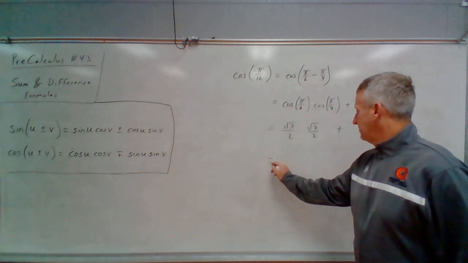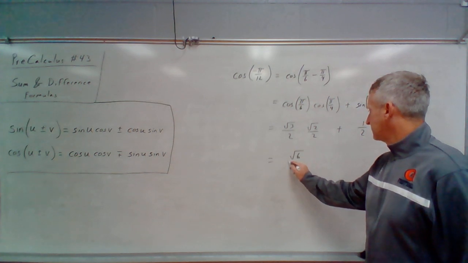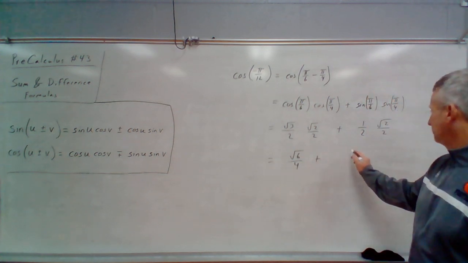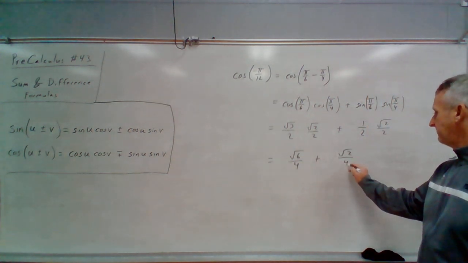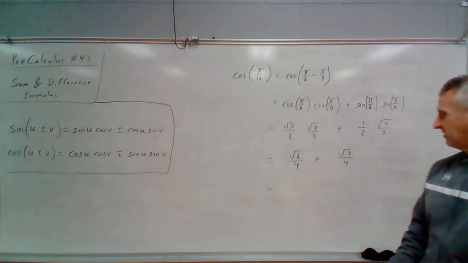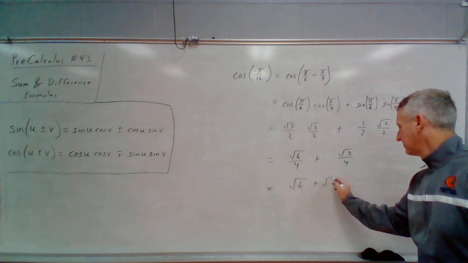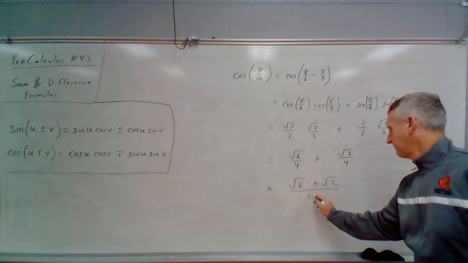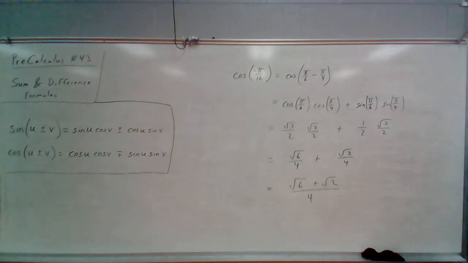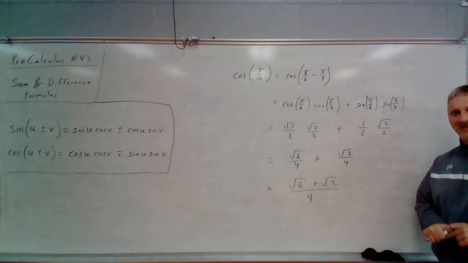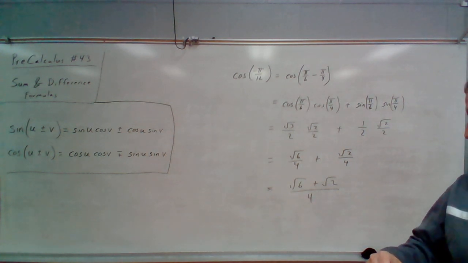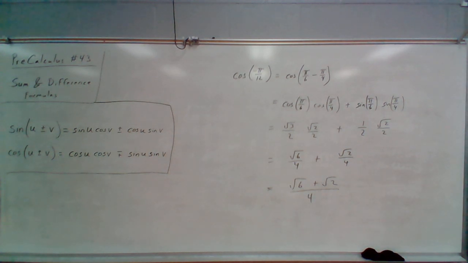Multiply this out, and I get the square root of 6 over 4 plus square root of 2 over 4. Work that out, and I get the square root of 6 plus the square root of 2 all over 4. And just by sheer coincidence, I get the same answer that I got on the last question. I didn't mean for that to happen, but it did. All right, so that's it for that example.